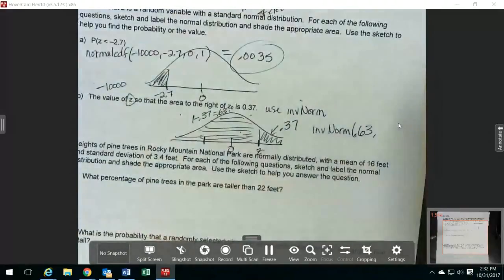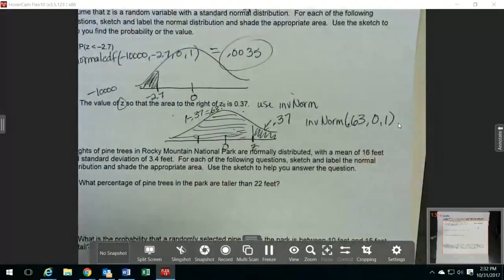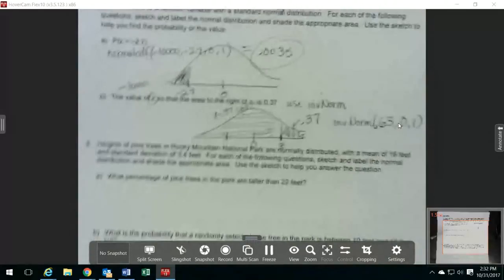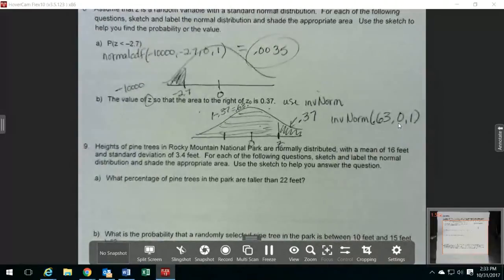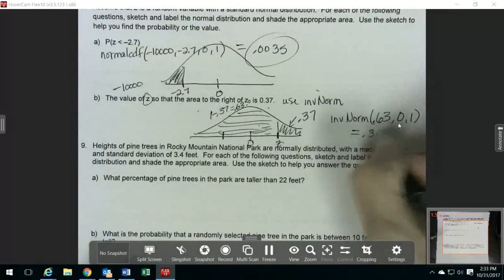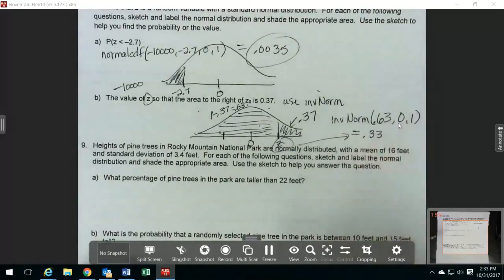And since we're still talking about z, this is a 0 and a 1. That gives me an answer of 0.33. So my value of z is 0.33.